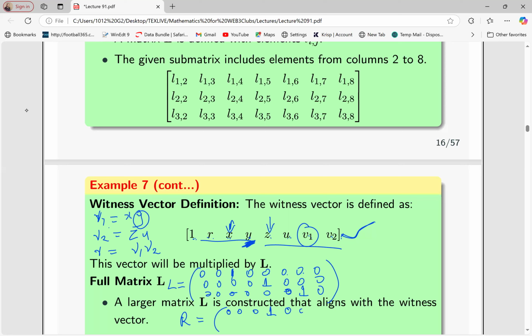In the second row, the one on the right is U, and the rest are zeros. And lastly, in the last row, the one on the right is V2, and the rest are zeros. So this is our right matrix.